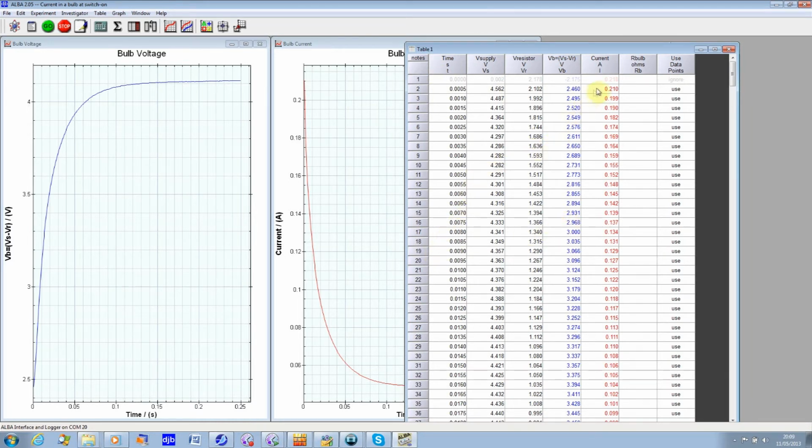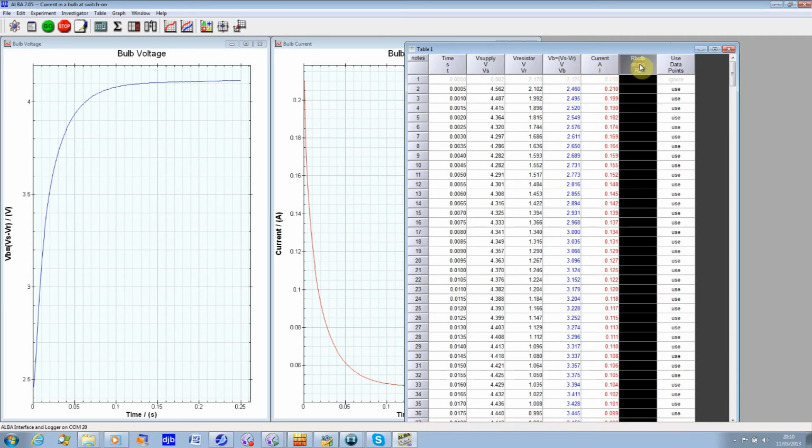And let's now look at the current in the experiment. The current is decreasing. If I know this current and I know the voltage across the bulb, I can calculate the resistance of the bulb. So let's do that. Let's fill this column with the resistance of the bulb.